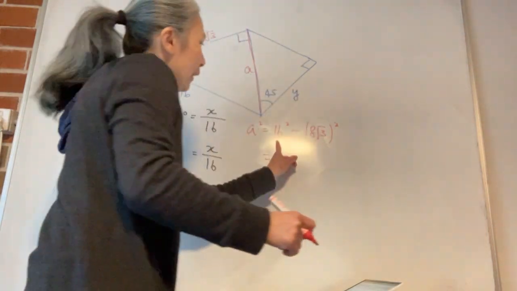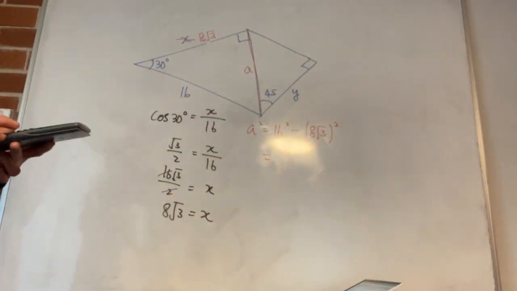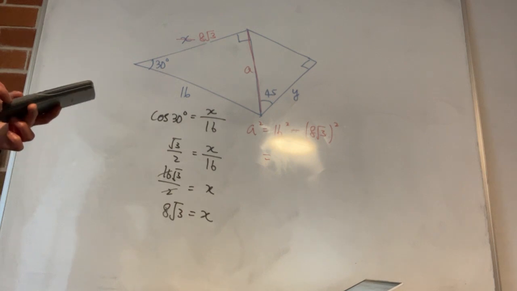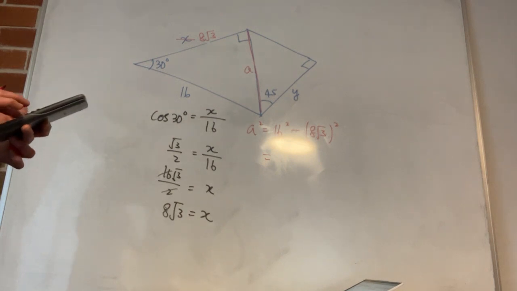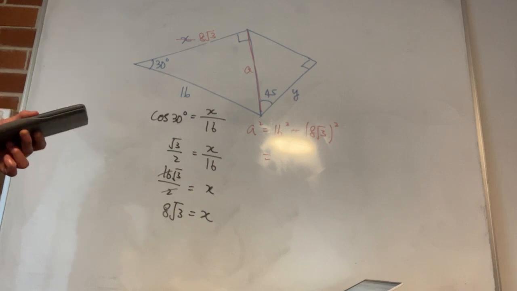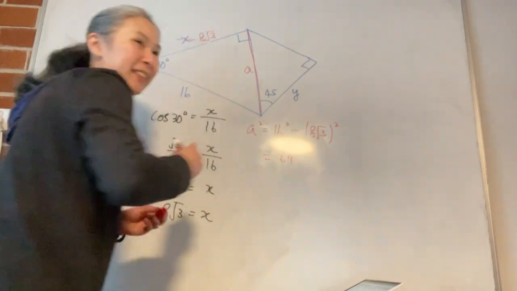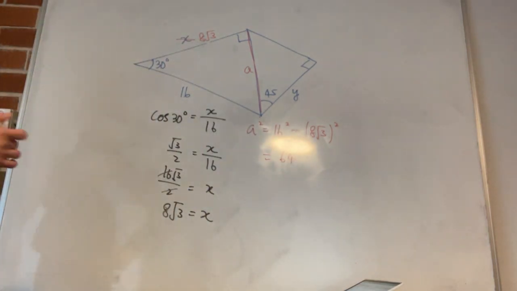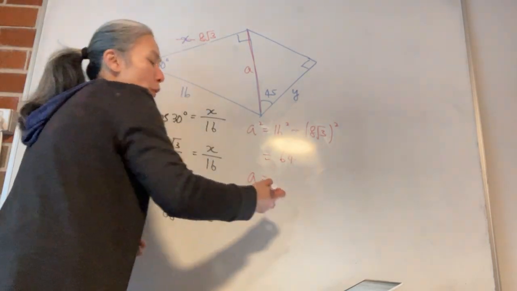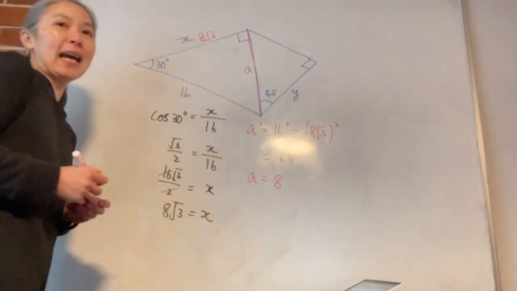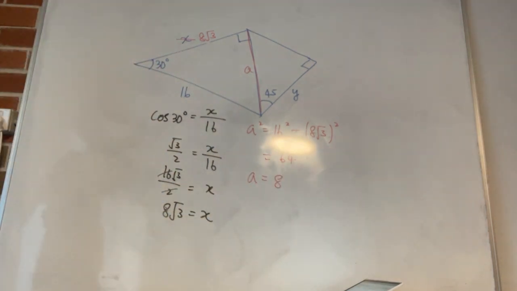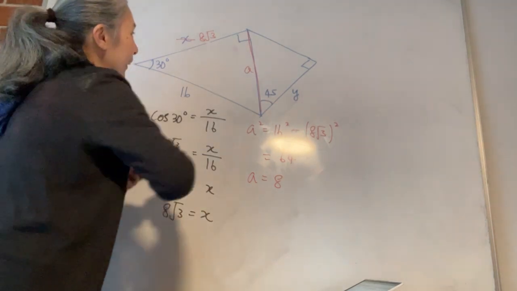So let's put this lot into the calculator and see what we can get out of it. You get 64. And therefore A equal to square root of 64 is going to give you 8. In here, I'm not going to worry about the negative because 8 is a length, it's never negative. Yep. A equal to 8.